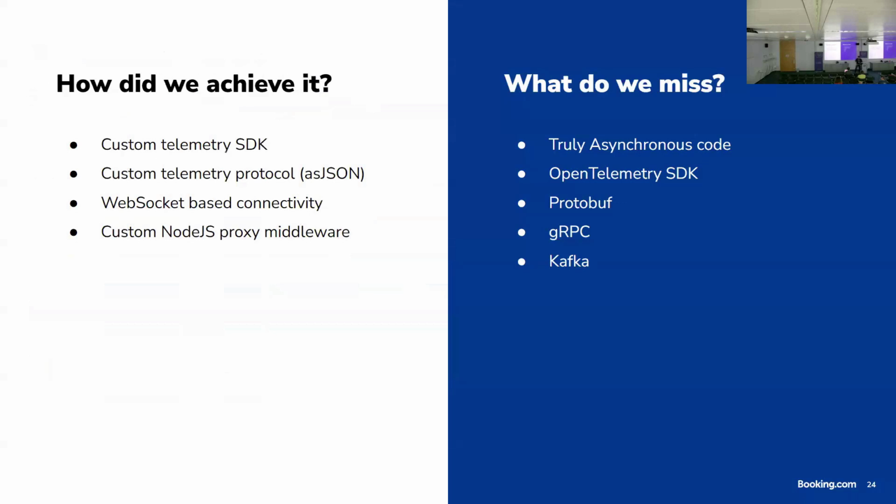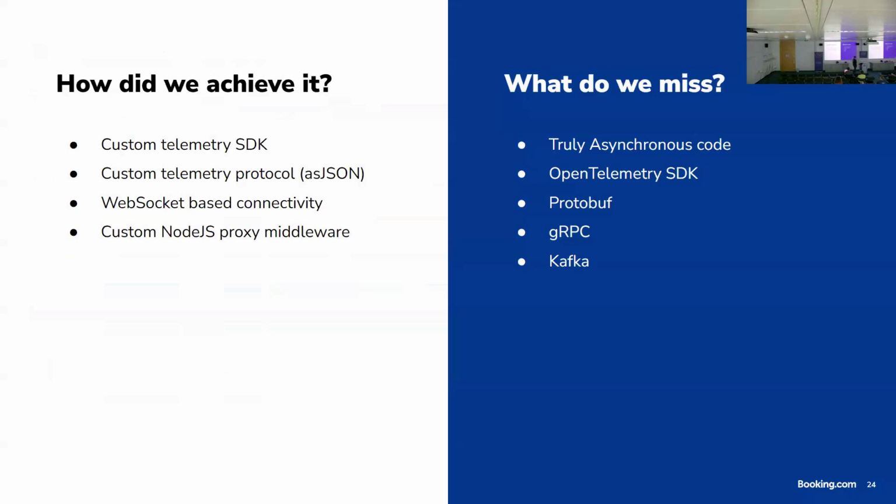So once again, as a conclusion, how did we achieve this? First, a custom telemetry SDK. We had to create a layer in ABAP which is capable, in an abstract way, of recording traces, logs, and metrics. Second, a custom telemetry protocol.